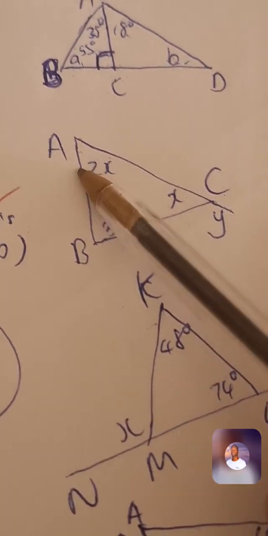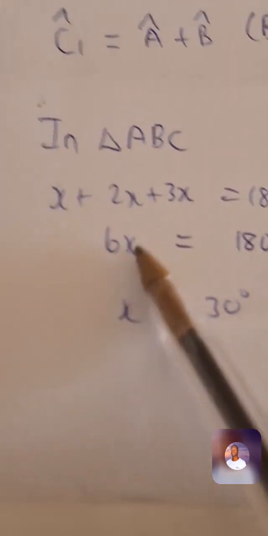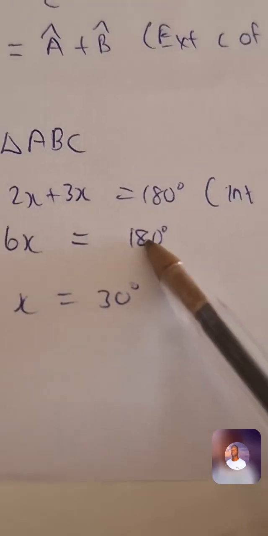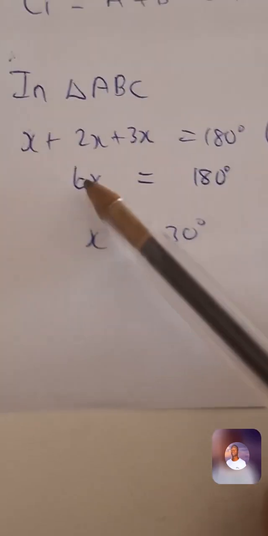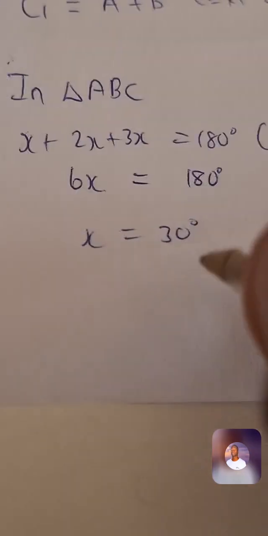The reason is the sum of angles in a triangle. Then you add the like terms, 6x equals 180, you divide both sides by 6, and you get x is equal to 30 degrees.